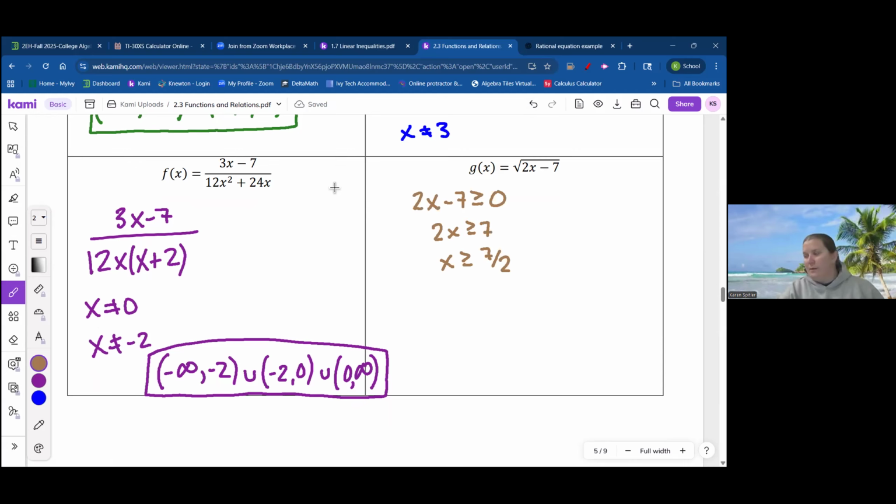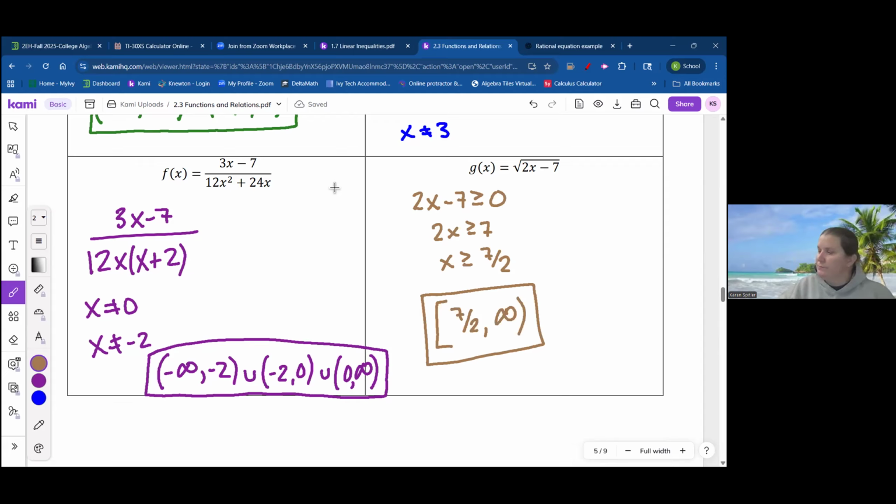So it's bracket 7 over 2 to infinity. And there you go. Questions on that one?